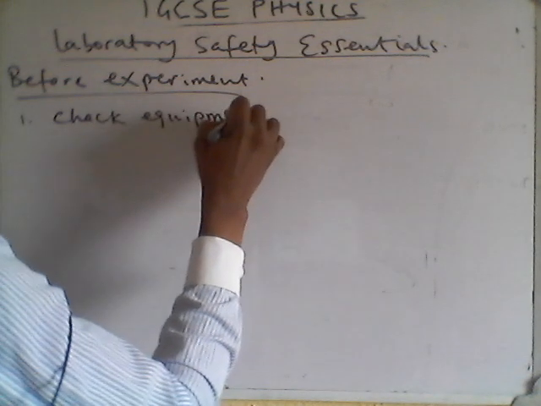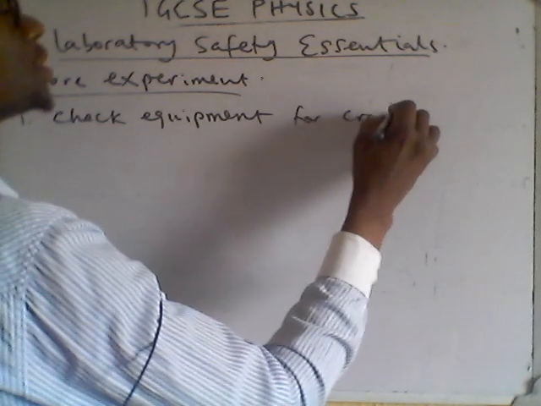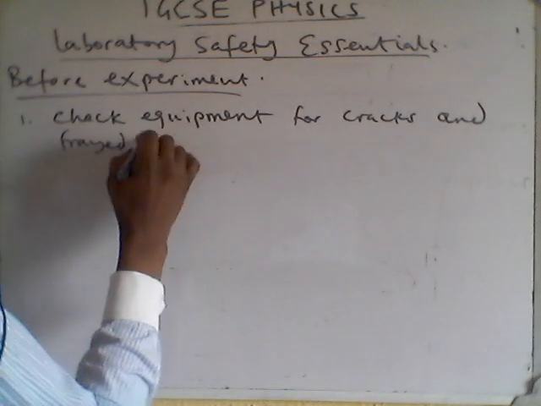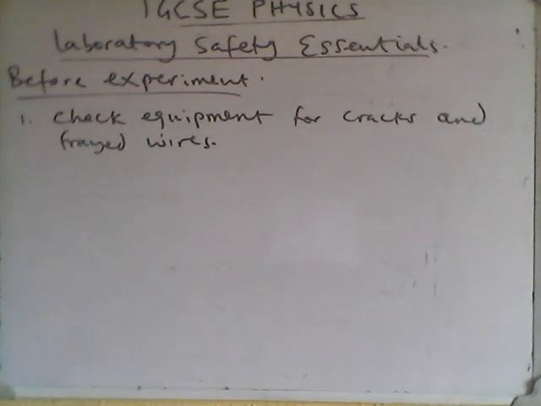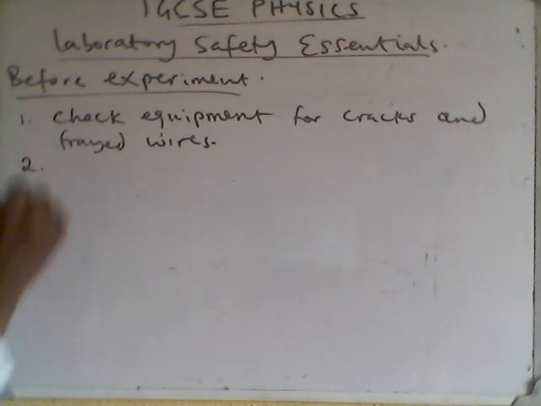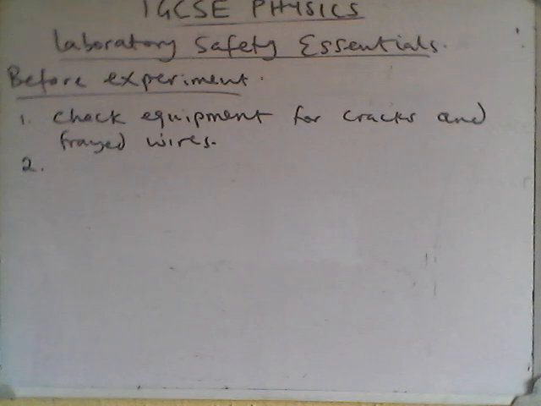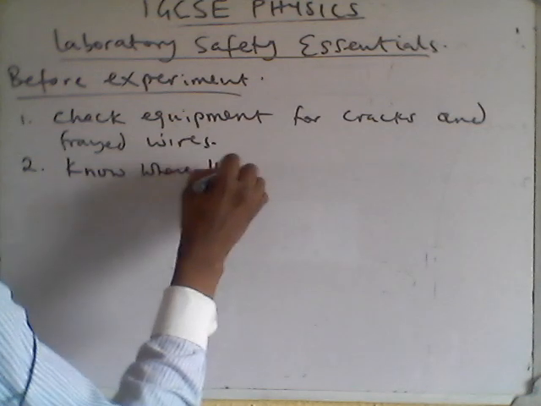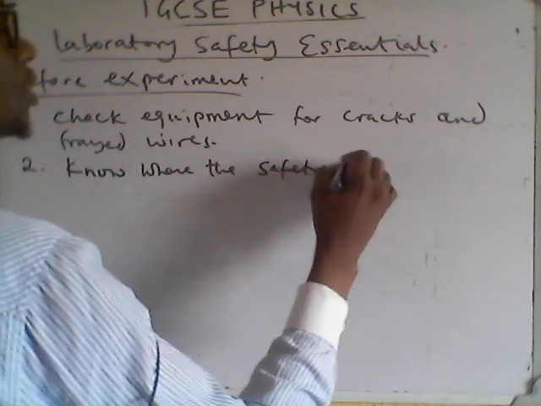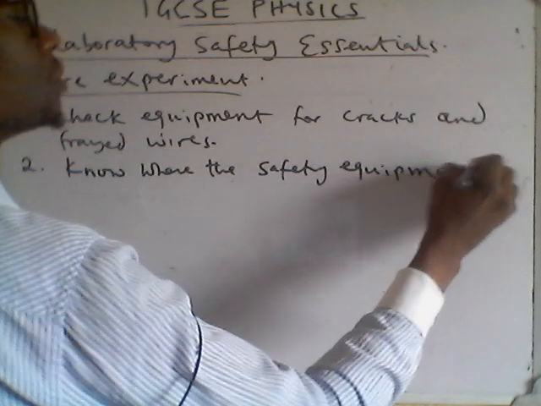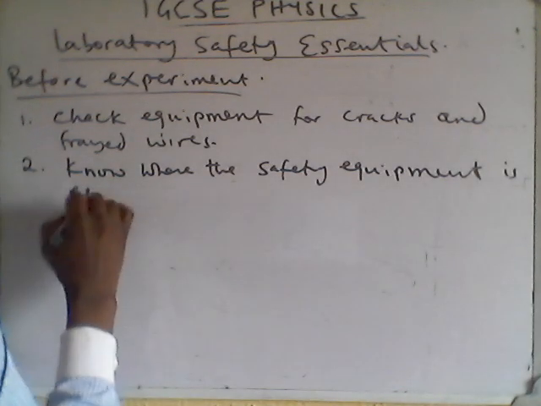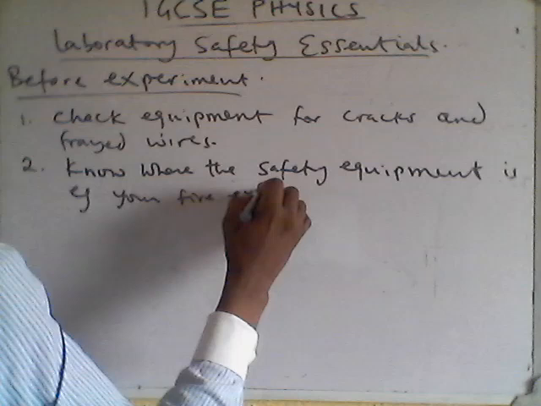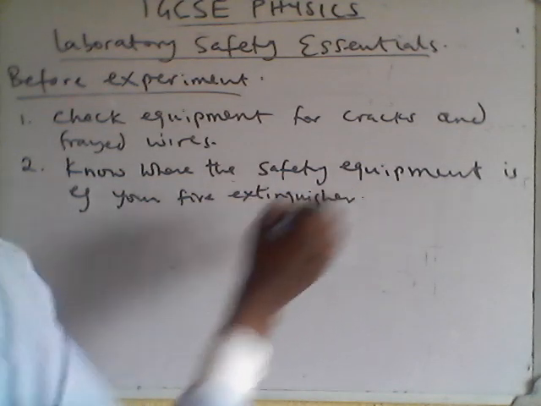Before the experiment again, we need to know where the safety equipment is, e.g. your fire extinguisher. So in case there is a fire outbreak, you can quickly reach the extinguisher.